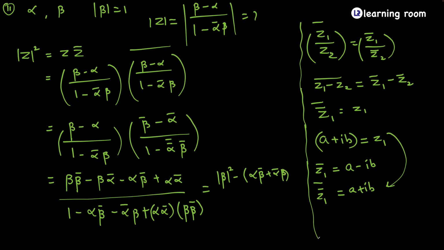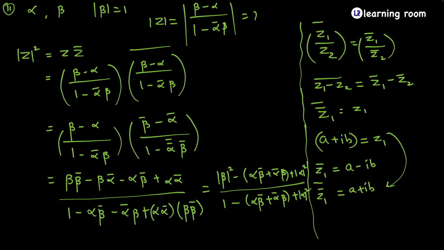Plus, using the same logic, mod alpha square plus mod alpha square, the whole divided by 1 minus, if I take the minus sign outside, alpha beta conjugate plus alpha conjugate beta plus, observe, alpha into alpha conjugate is mod alpha square.